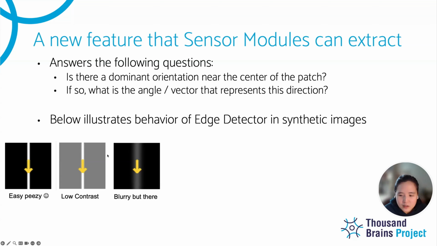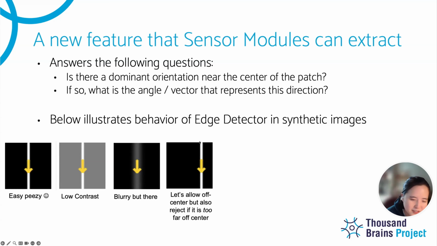But after discussing what kind of behavior we wanted, we're trying to detect dominant orientation, it's just more of a mouthful to say than edge detection. Anyways, our currently implemented edge detector in TBP Monty will recognize this as an edge despite being blurry.